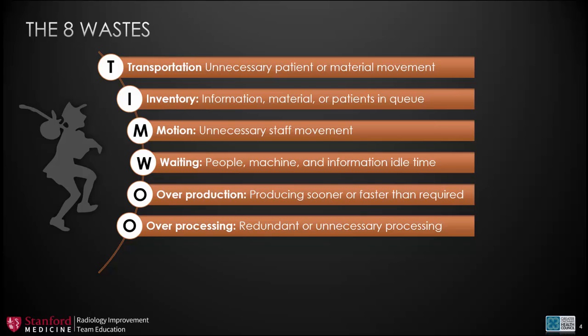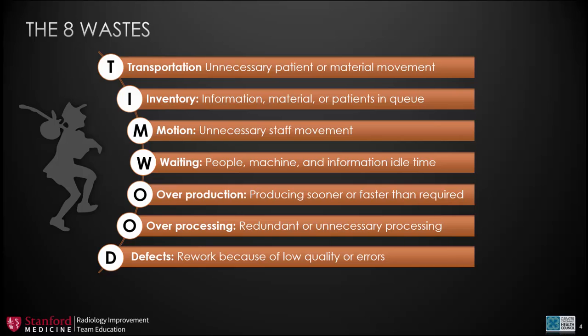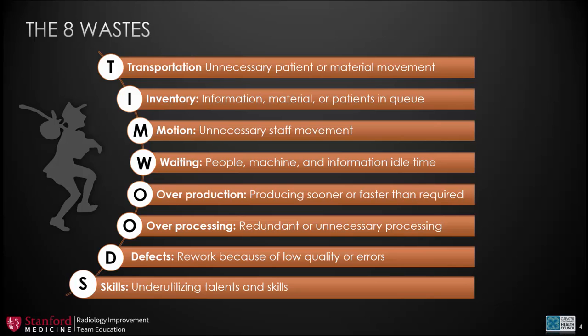And the other O is overprocessing, redundant or unnecessary processing. D stands for defects or rework because of low quality or errors. And then S stands for skills or underutilizing talents and skills. These are the 8 wastes: transportation, inventory, motion, waiting, overproduction, overprocessing, defects, and skills. And you can use the Tim Woods acronym to remember these.